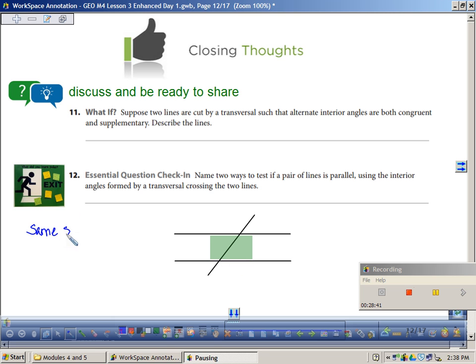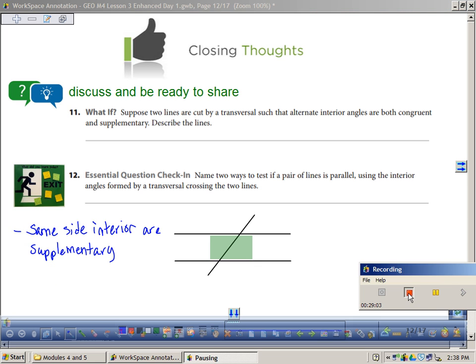If same side interior are what? Same side interior are supplementary. What's another way? That's not interior angles, though. Just the interior. Alternate interior or what? Congruent. Good job, guys.